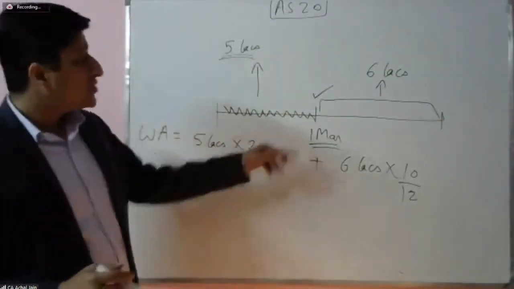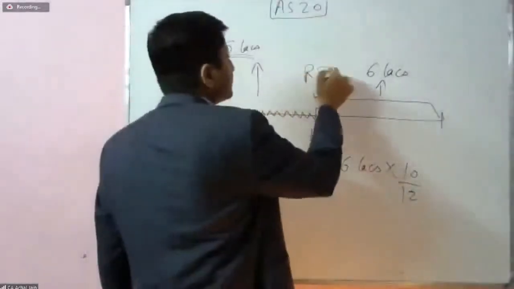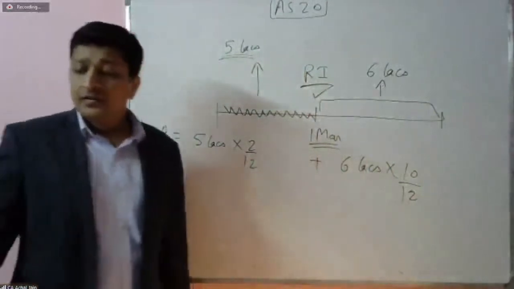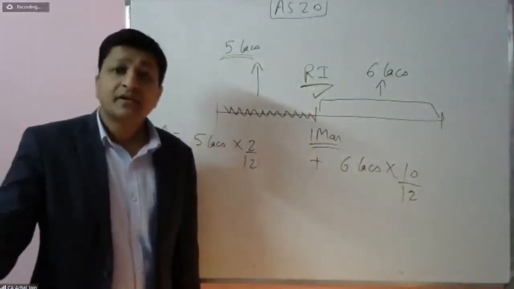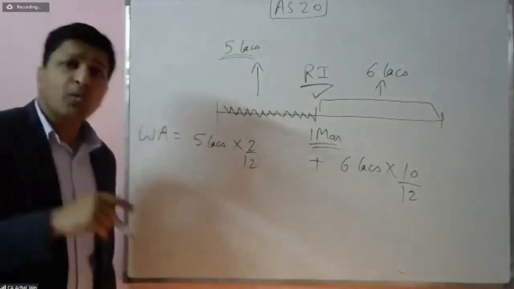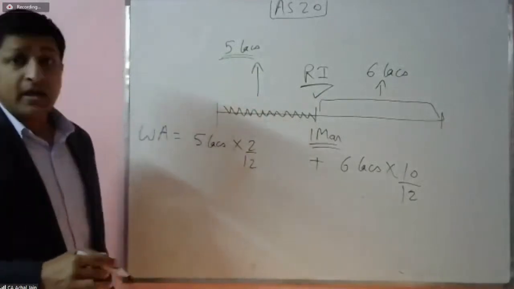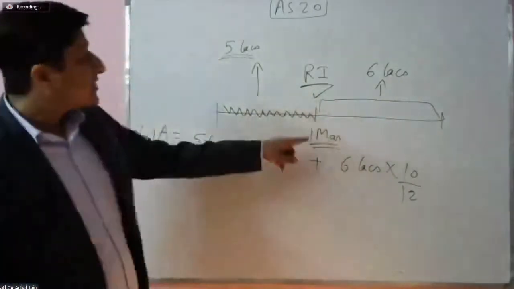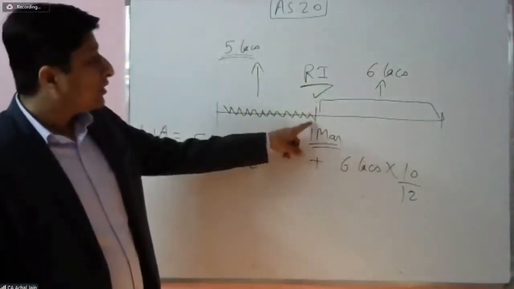But this issue was the right issue. And what do we say? We say that whenever right issue comes, it has got some bonus element. And whenever there is a bonus element, what did you do? You consider the bonus element not from this date.